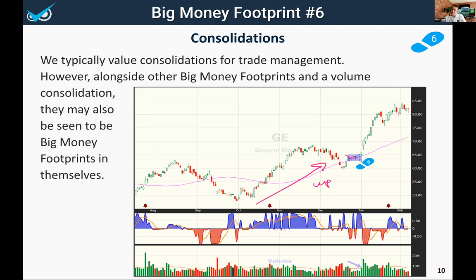And if a stock just drifts in a kind of flaggy way and the volume comes down as well, that can also be a sign of a lack of seller participation, which means the next burst of movement, if it's up, may well have the potential to keep going up to a reasonable profit target and maybe even beyond. So in that way, a consolidation serves two functions: one, risk management anytime, but two, potentially as a sixth big money footprint.